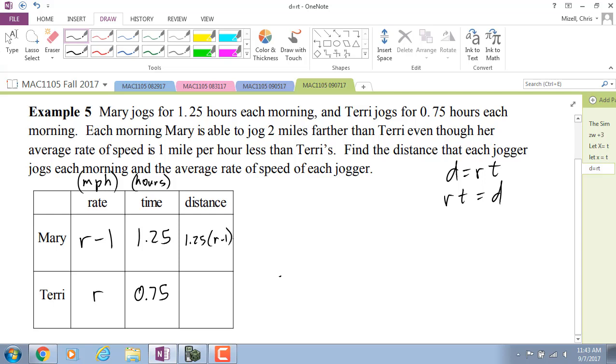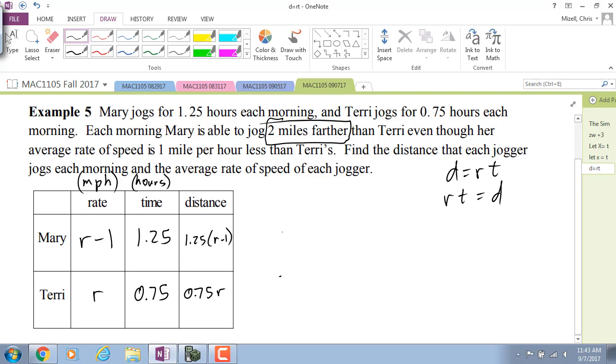And for Terry's distance, that's going to be 0.75 times R. So we've got an expression for Mary's distance in terms of R, and an expression for Terry's distance in terms of R. If we can use this relationship that's given between their distances to set up the equation, we should be good.